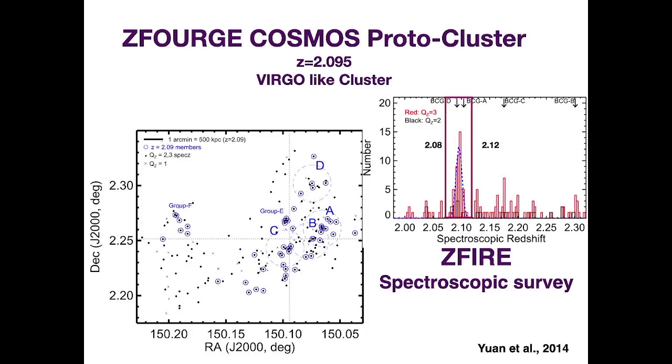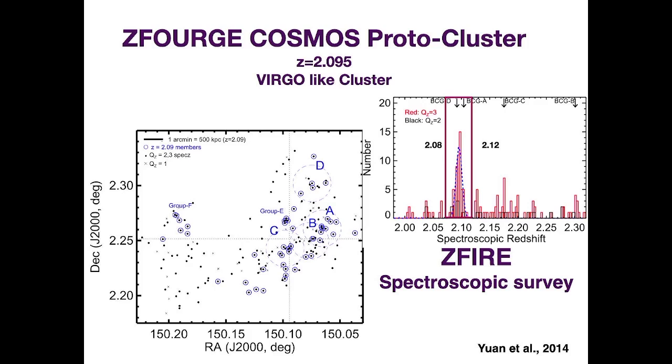With ZFORGE we also have the medium bands in H and K bands. That means at redshift 2, for these galaxies, we have a very fine sampling of spectral features like D4000, which gives us fantastic redshifts as well as a good handle on the stellar population of the galaxies.